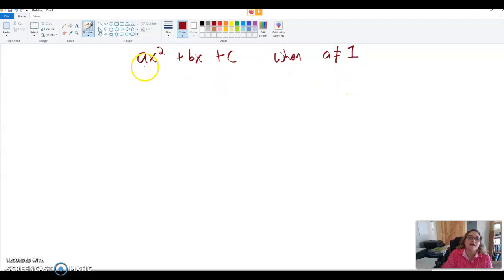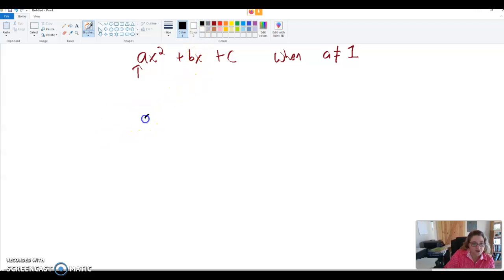Okay, so that's when we have a number instead of 1 as our a. It gets a little bit more tricky as far as how we go about factoring them. But we have some options. Option number 1 is going to be factoring by what's called grouping, and the other option is going to be trial and error. So let's take a look at how we go about factoring by grouping first.